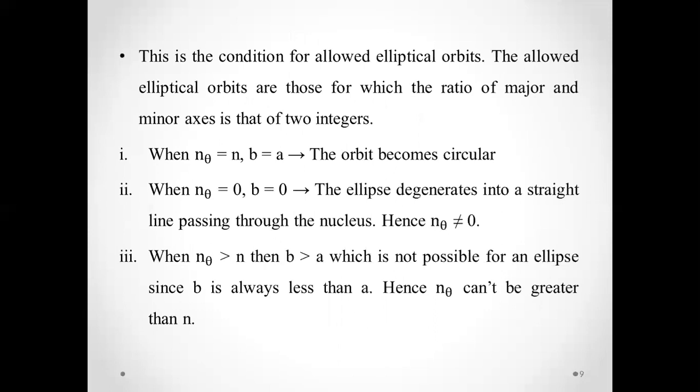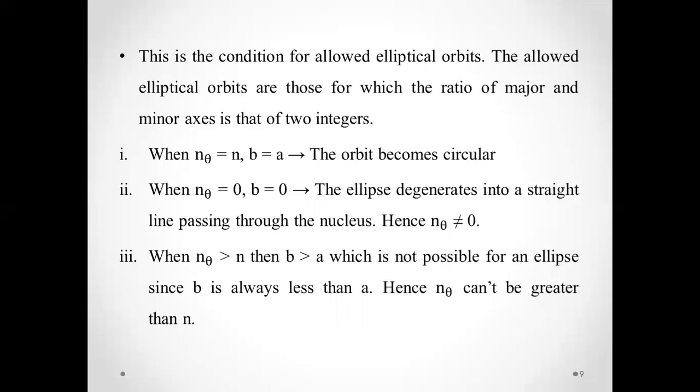Now, this equation is the condition for allowed elliptical orbits. The allowed elliptical orbits are those for which the ratio of major and minor axes is that of two integers.